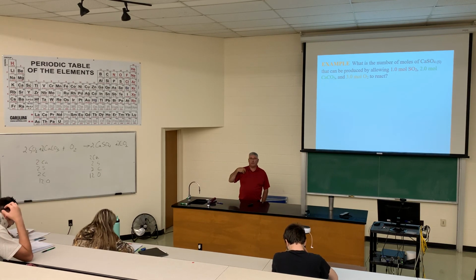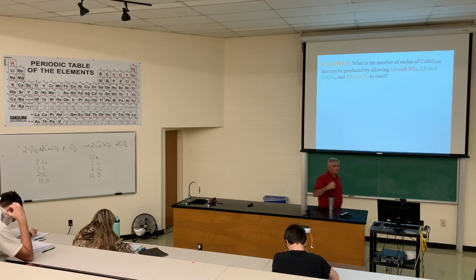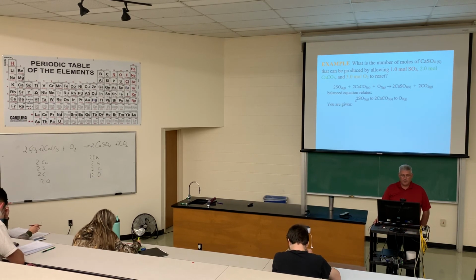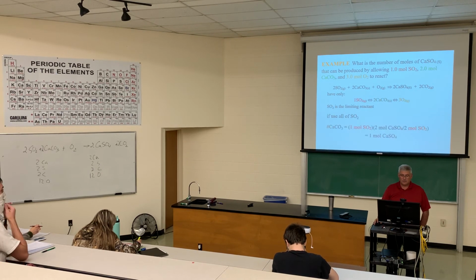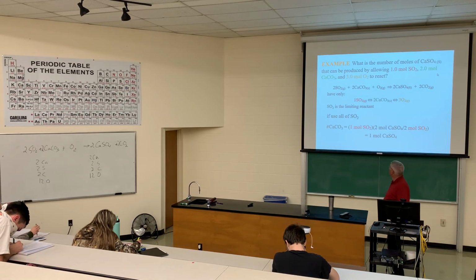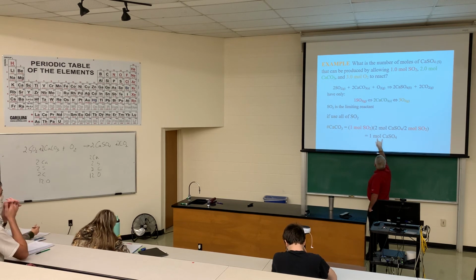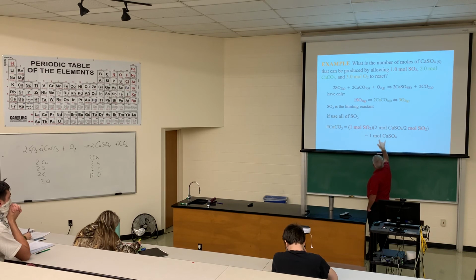It's an accounting, isn't it? So, all right. So this just goes on to show what we just did. And so how much can we make? The answer to that very first part of the question is what is the number of moles of calcium sulfate that can be produced from those amounts of reactant?